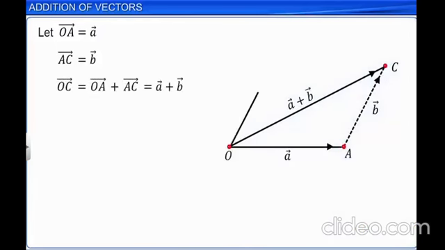Complete the parallelogram OACB. Since OACB is a parallelogram, vector OB is equal to vector AC.